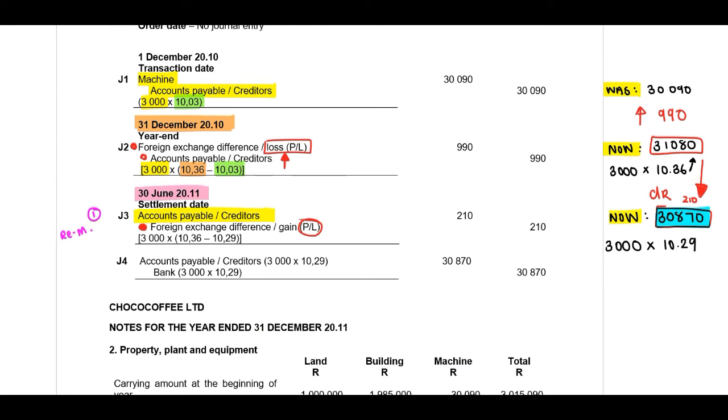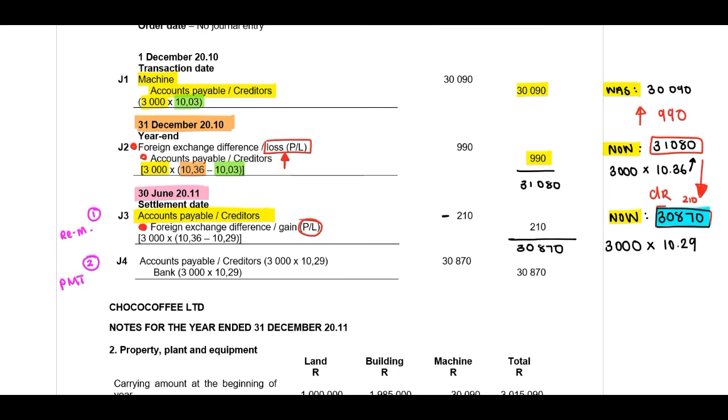Therefore, if you look at all of our journal entries, we've credited our creditor with 30,090, and credited our creditor with 990. If you add these two amounts, this is 31,080, and now you need to deduct that 210. This is 30,870.